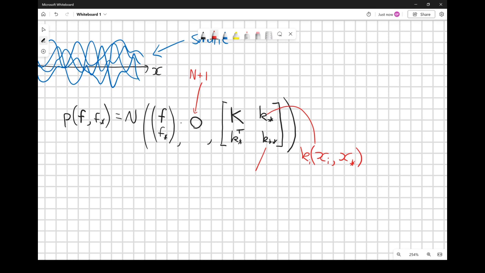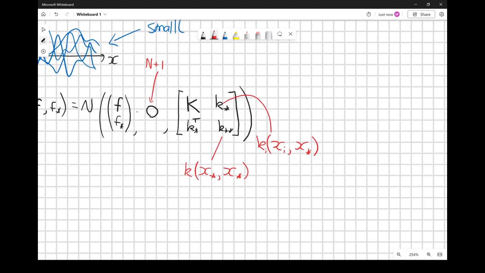And then here we've got the kernel evaluated at x star, which, in this particular case, as we saw before, is equal to 1. Because remember, when we defined the kernel in this way, we said it led to 1s on the diagonal of this covariance matrix.